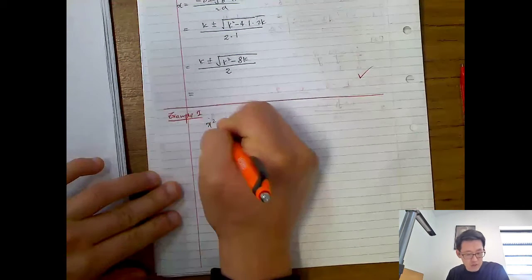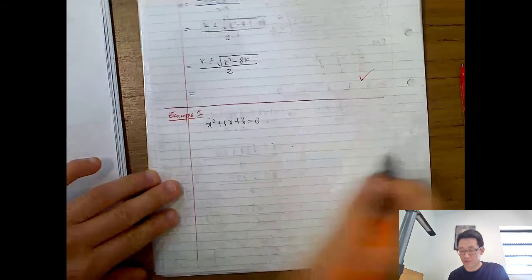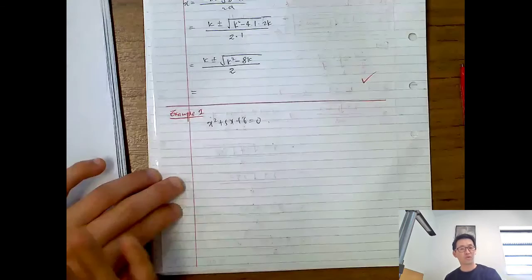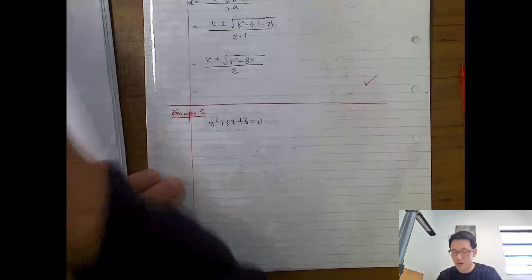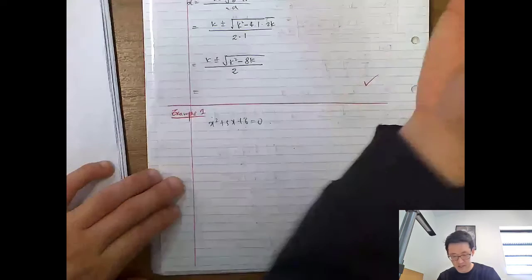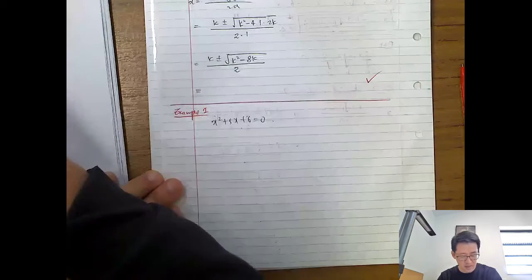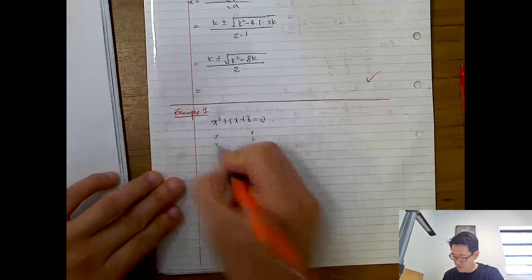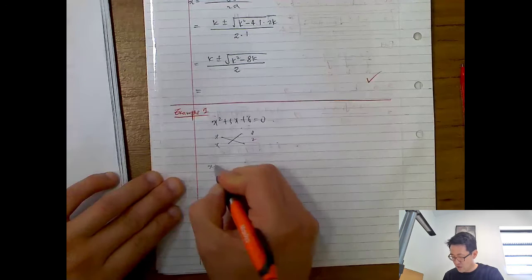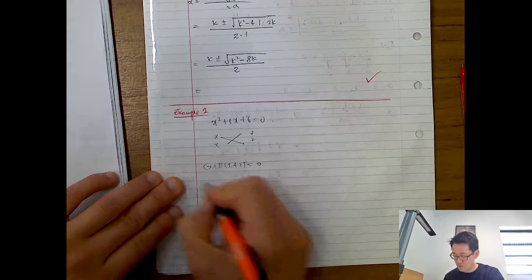Solve x squared plus 5x plus 6 equals 0. Okay? All you need to do, the first thing, what do you need to do? Yes, you need to figure out what is A, B, C. And also, they will ask you to use the quadratic formula. Oh, but in this case, they didn't ask you, and I can see 3, 2. x plus 3, x plus 2 equals 0.